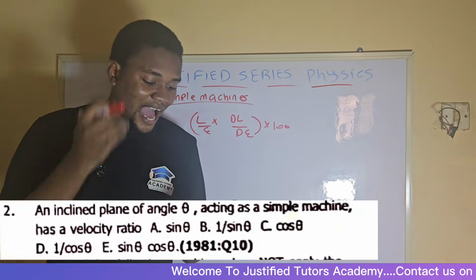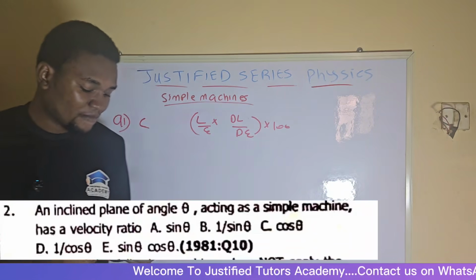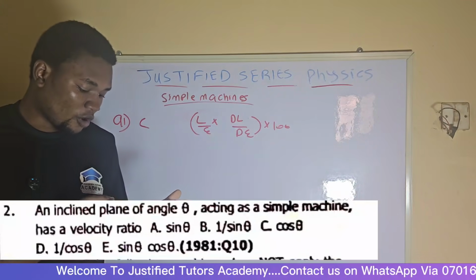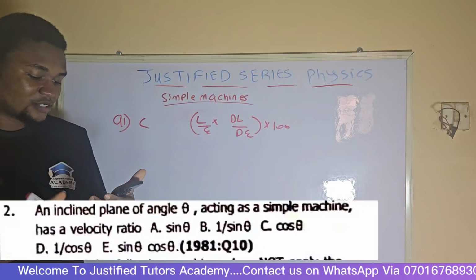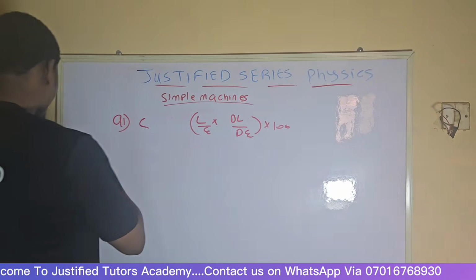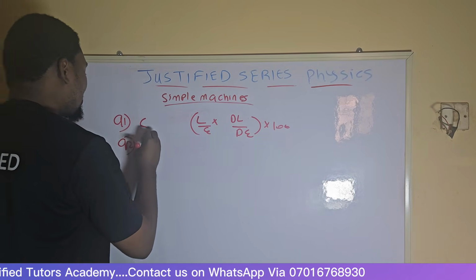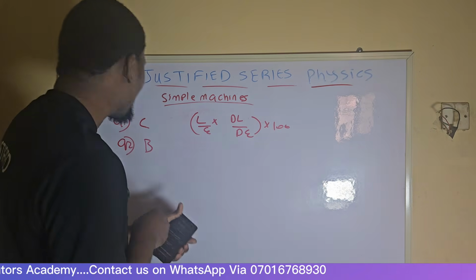It says an inclined plane of angle theta acting as a simple machine has a velocity ratio of what? The answer is 1 over sine theta, which is B. So question 2 is B. Now you might be wondering, how did I know it's B?